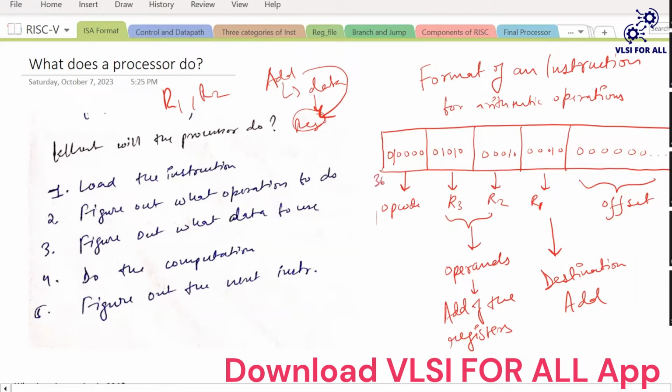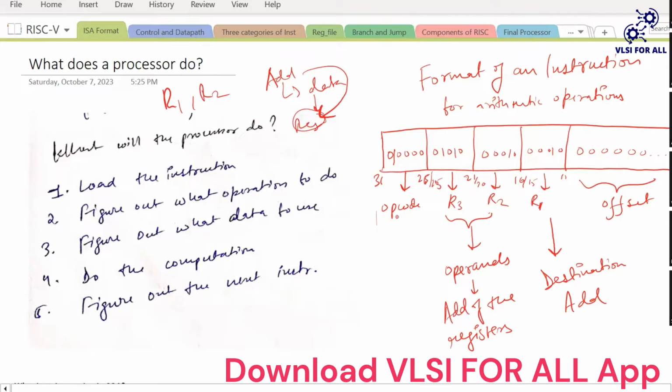This is bits 31 से लेके 25, then 25 to 21, then 20 to 16, then 15 to 11. The bits from 31 to 25 are called the opcode. Have you heard about opcode before? थोड़ा सा भी कुछ भी कभी सुना है?